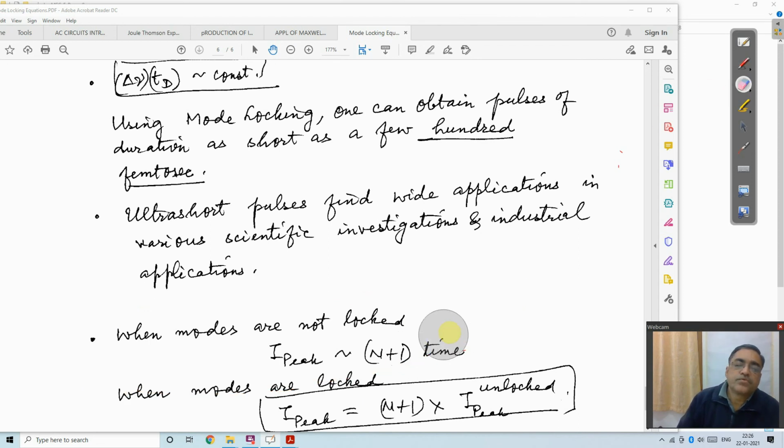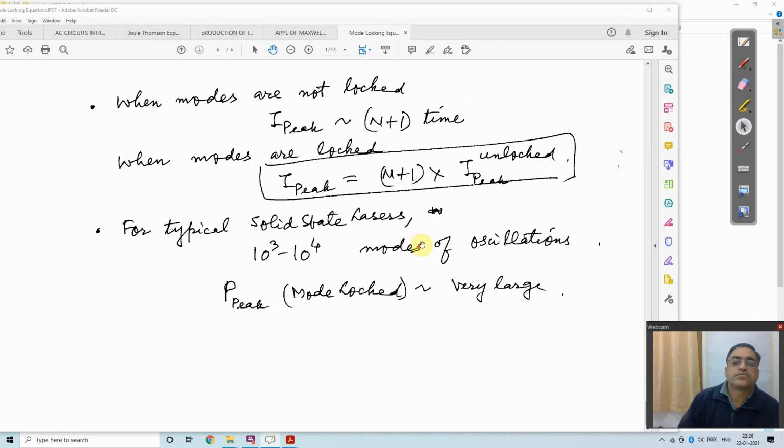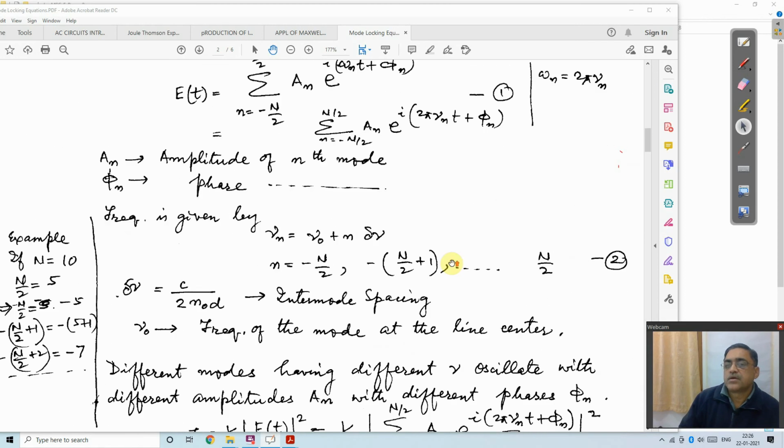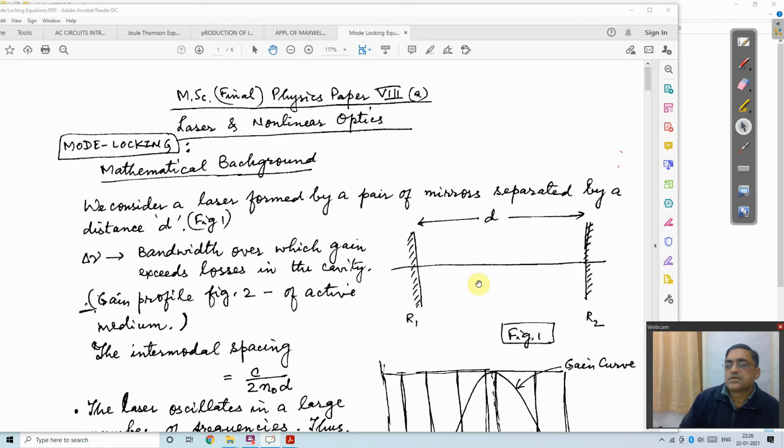So this is all for today, and we shall meet in the next lecture. The discussion remaining for mode locking is what the technique for mode locking is, and active mode locking and passive mode locking, in a similar way as we studied Q switching.